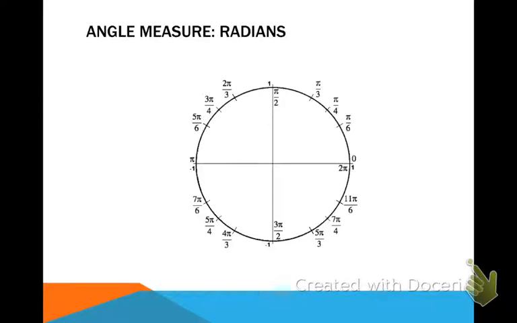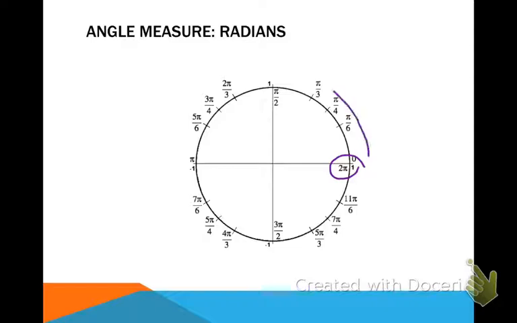Now let's go back to our original circle, and we've seen how we get 2 pi radians in a circle. So all the rest of these angles that are marked on here you can derive from just knowing that.